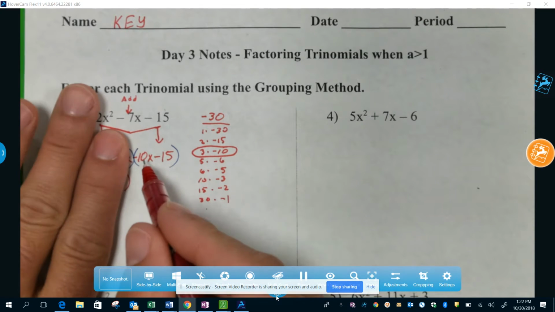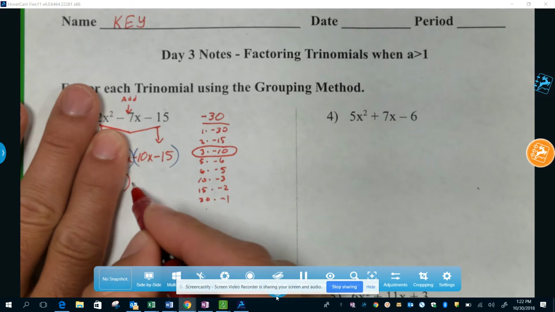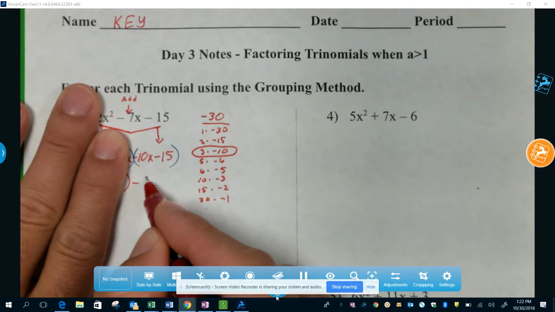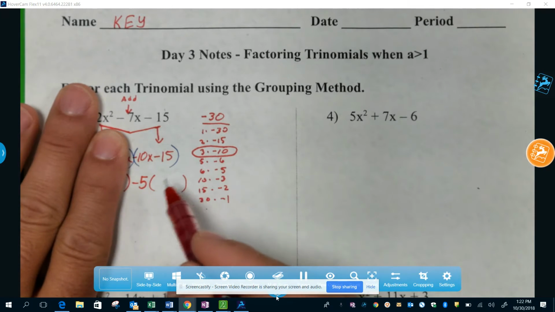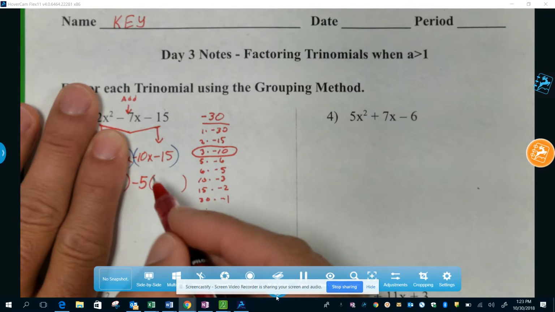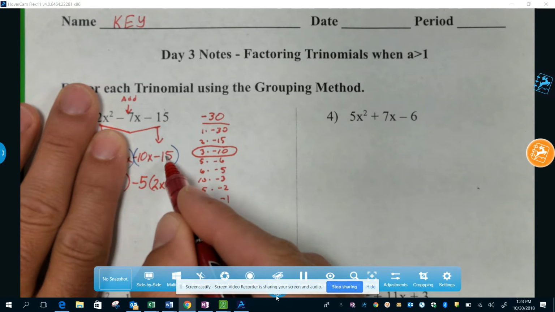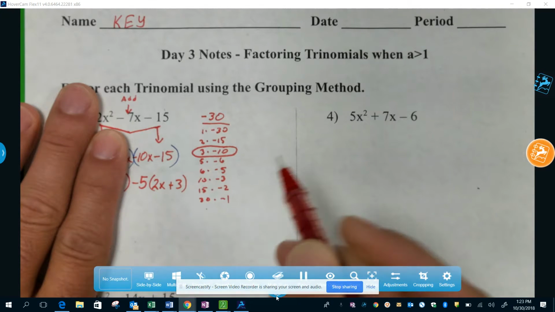And now in the second parenthesis, we always take out whatever's in front, so we got to take out the negative. The GCF between 10x and 15 is a 5. But now you got to tell me what's left over. Negative 10 divided by negative 5 is 2 with an x left over. Negative 15 divided by negative 5, negative divided by negative is positive 3.